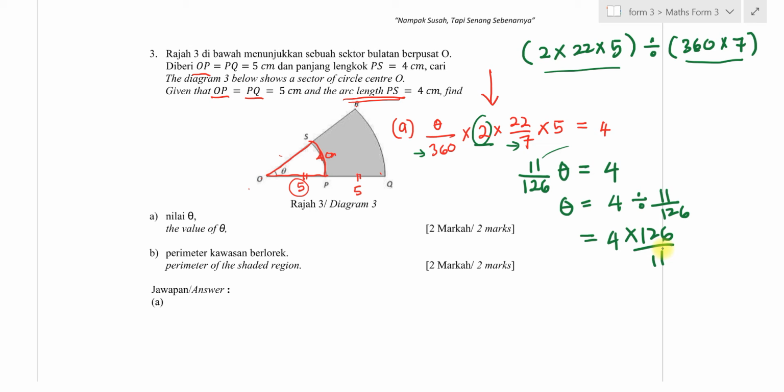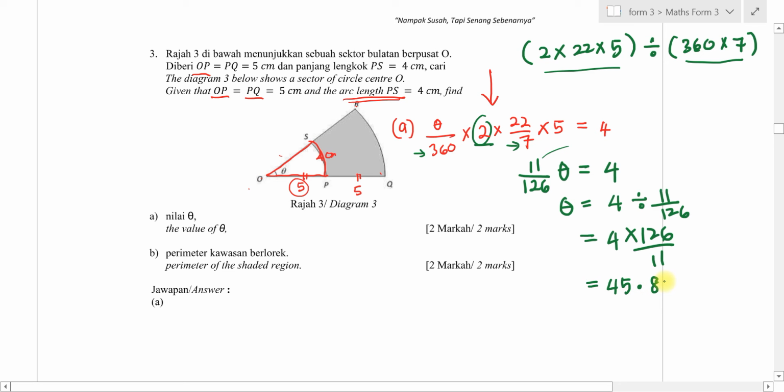Like 45 point something. 45.82 degree. Two decimal places is enough. This is your angle. I hope everyone understands how I get 11 over 126. Samira, can you get how I get 11 over 126? Yes, sir. All right, good.